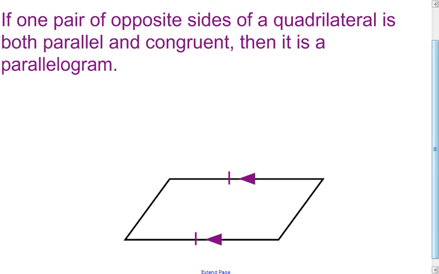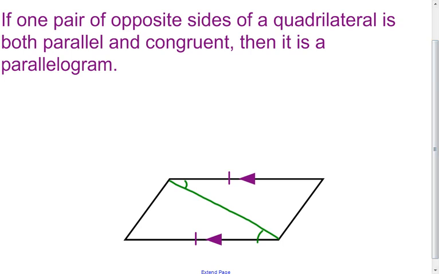But when I look at this one, I can come back here and I can put in this diagonal like I did in a couple of the other ones. And being the top and the bottom in this case are parallel, then the alternate interior angles are congruent. So that's one.